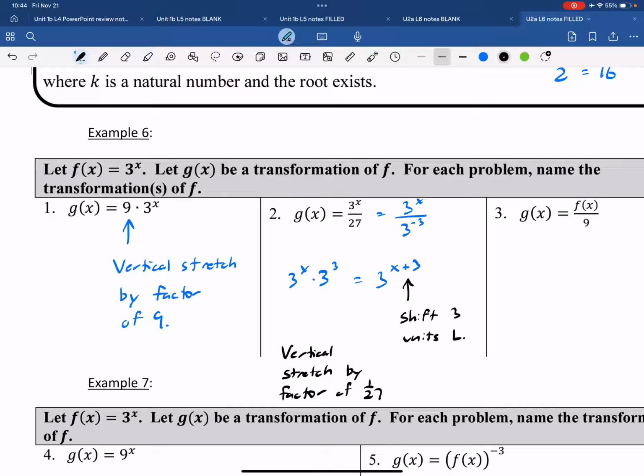And what I would encourage you to do, guys, is you could graph this in Desmos. Graph 3 to the x in Desmos, graph 3 to the x over 27, and you can see it. It should be the same thing as x plus 3, but now I'm thinking, why did I do that?